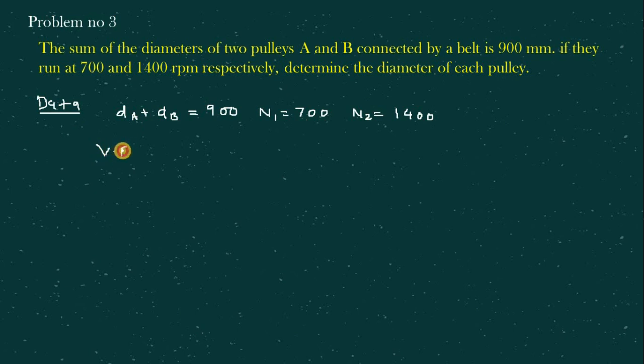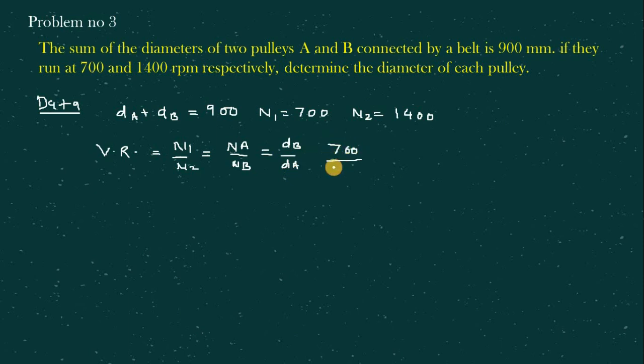So we know the velocity ratio, which is nothing but N1 by N2. In this case it is NA by NB, which is equal to dB by dA.